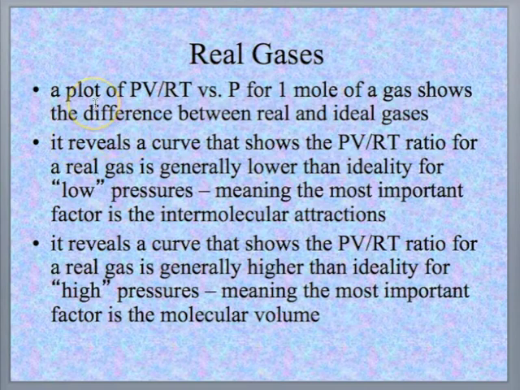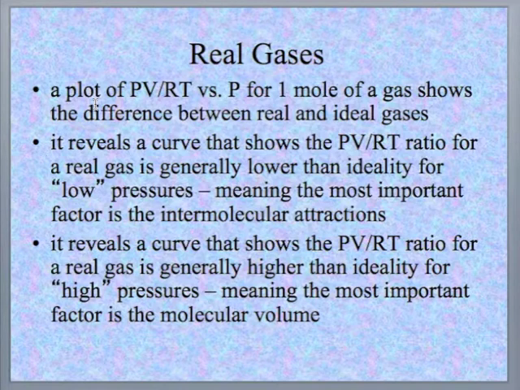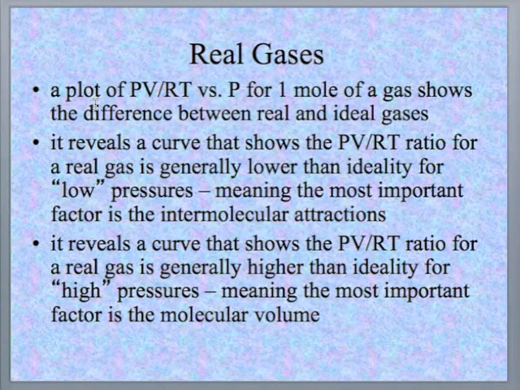One way we can show this deviation from ideality, how real gases behave, is to plot PV over RT versus the pressure for 1 mole of a gas. And that is very good at showing the difference between a real gas behavior and an ideal gas behavior. It shows a curve for a particular gas that shows the PV over RT ratio for a real gas is generally lower than ideality for low pressures.